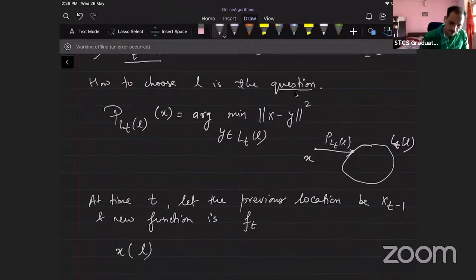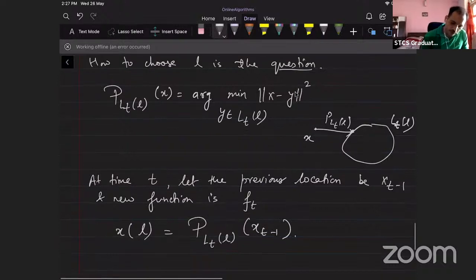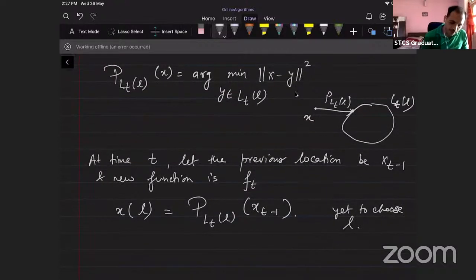Then define x(L) to be the projection of L_t(L) of x_{t-1}. I'm yet to choose L, okay? For any little L, this is my definition of x(L).